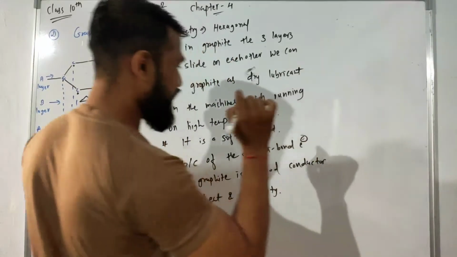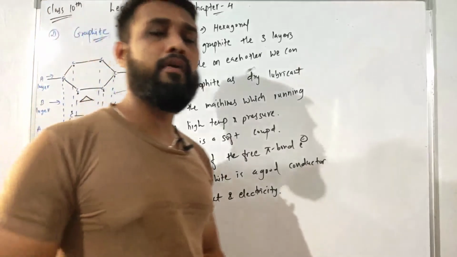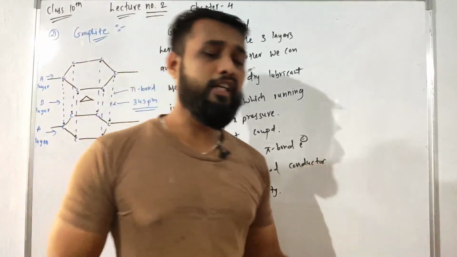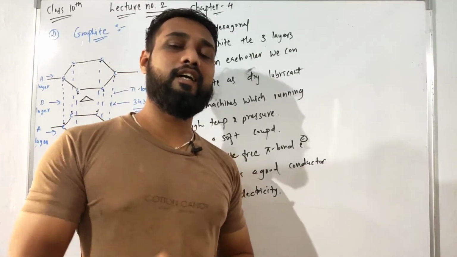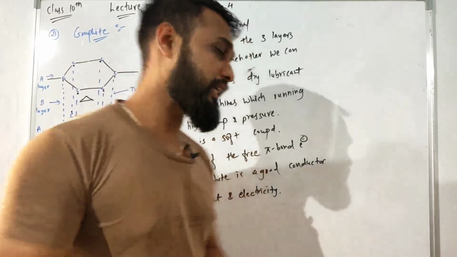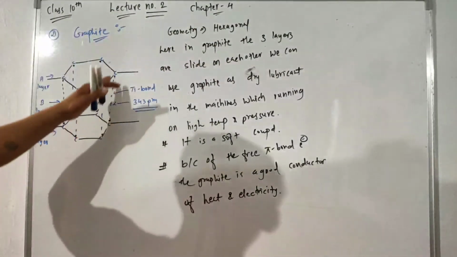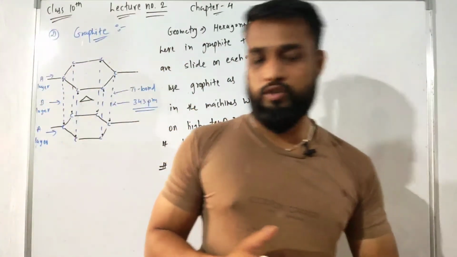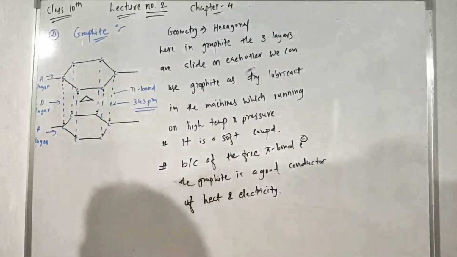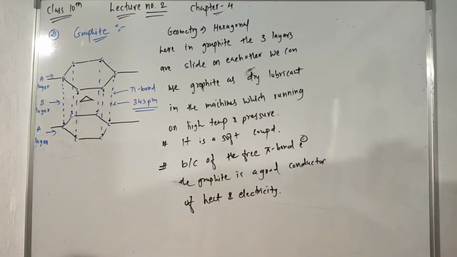But in the case of diamond, we all know that there are no free electrons, and that is the main cause that diamond is a bad conductor of heat and electricity. But in this case, there is one free electron, and this is a good conductor because of those free electrons. Clear? Okay. So this is the graphite structure and the points about graphite.